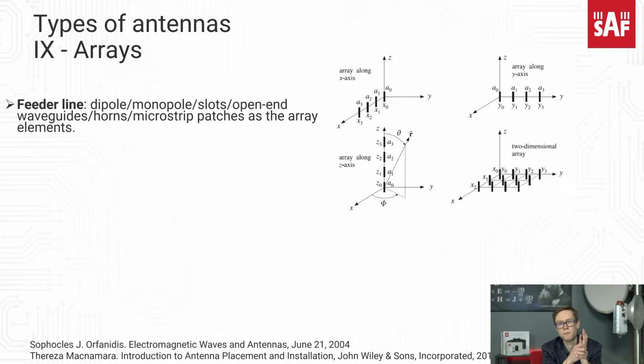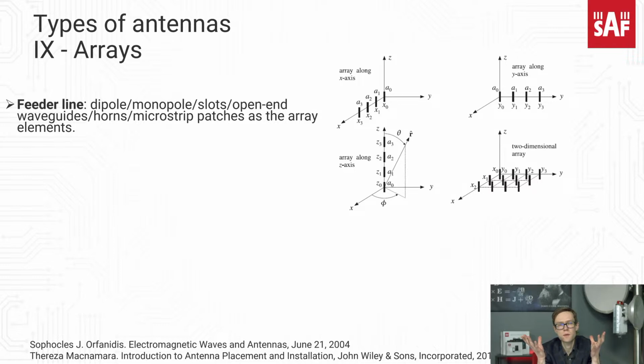And we can use very different antenna types as the single element. We can use dipole, monopole, slot antennas, open-ended waveguides, horn antennas, microstrip patches.